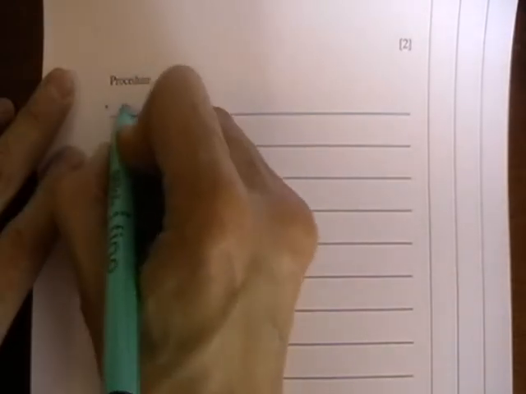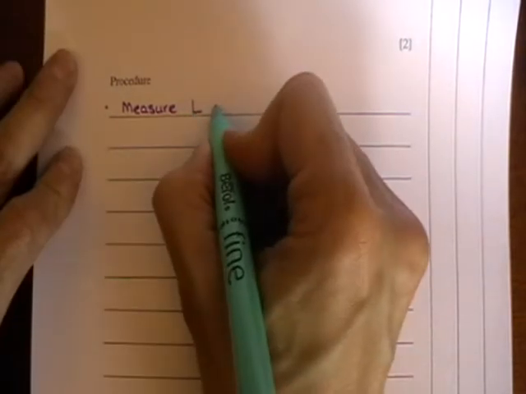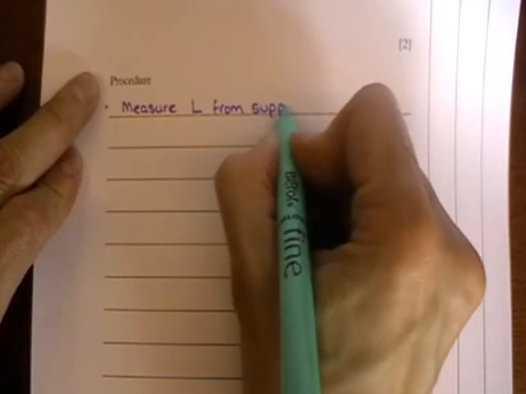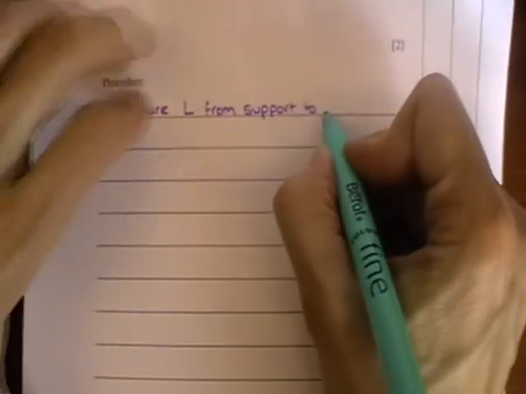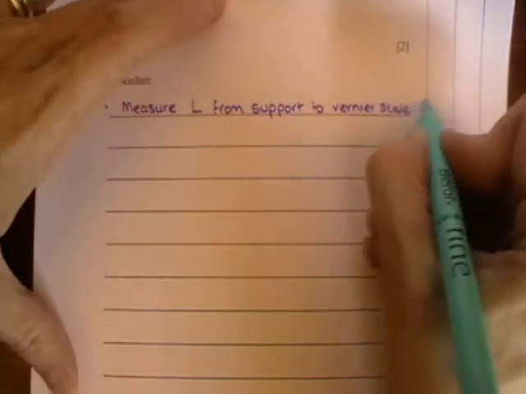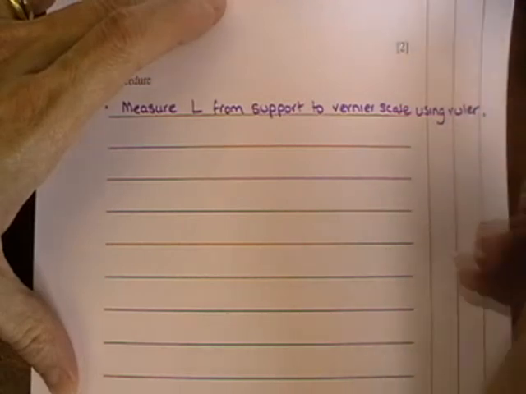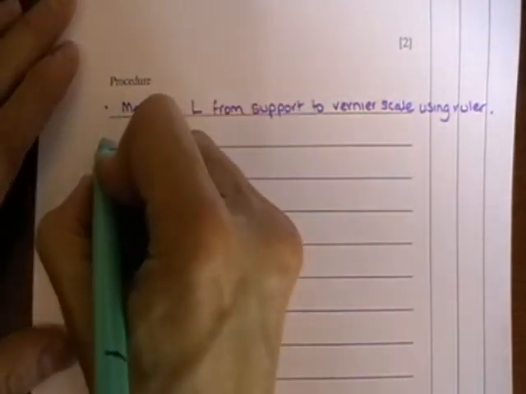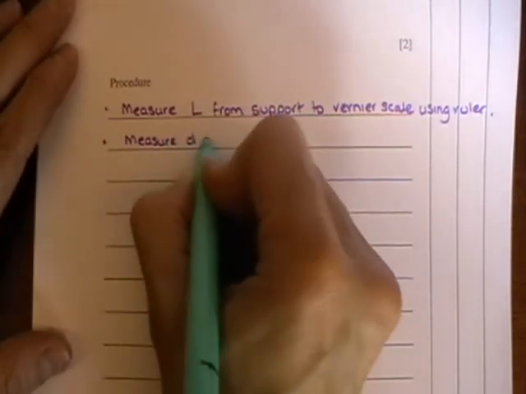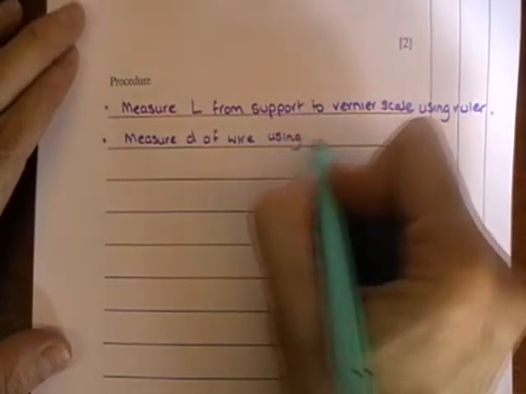So first of all, you need to measure the original length from the support to the vernier scale, and you're using a ruler. So always say what you are actually using. Second point, measure the diameter of the wire using a micrometer screw gauge.